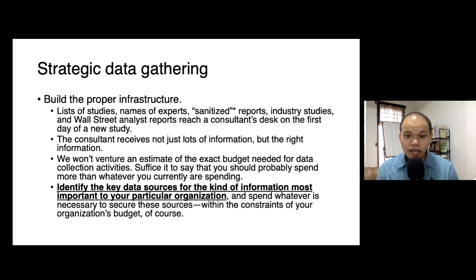Okay? And of course, spending whatever is necessary to secure those sources. Sometimes we need to pay to get databases, copies of databases, or copies of documents such as company disclosures, annual reports. Some of them are online. I mean, some of them are available for free. You can download them. That's not going to be an issue, right?